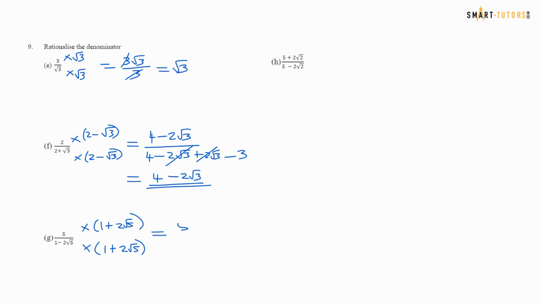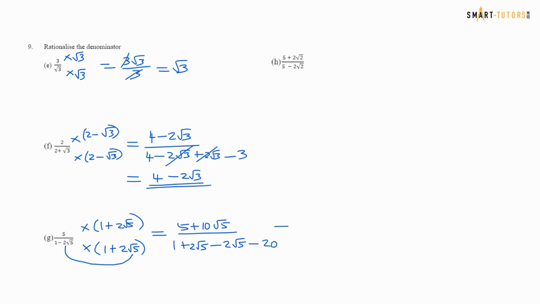So 5 plus 10 root 5 over 1 times 1 is 1 plus 2 root 5 minus 2 root 5, and now you need to be careful. 2 root 5 times 2 root 5, 2 times 2 is 4, but minus is there, minus 4, and root 5 times root 5 is 5. 5 times 4 is 20.